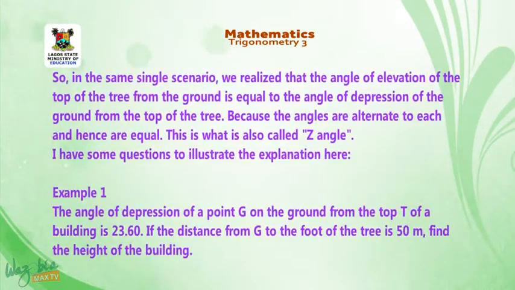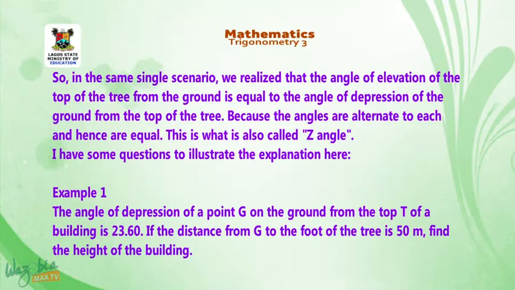So in the same single scenario, the angle of elevation of the top of the tree from the ground is equal to the angle of depression of the ground from the top of the tree, because the angles are alternate to each other and hence are equal. This is what we also call Z angle.